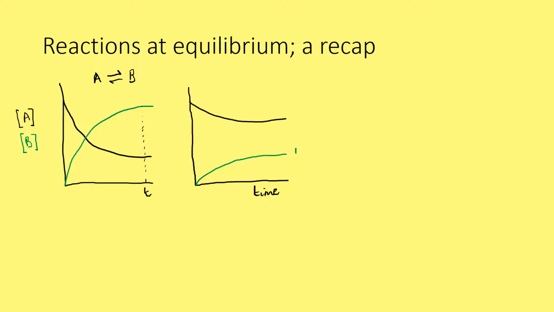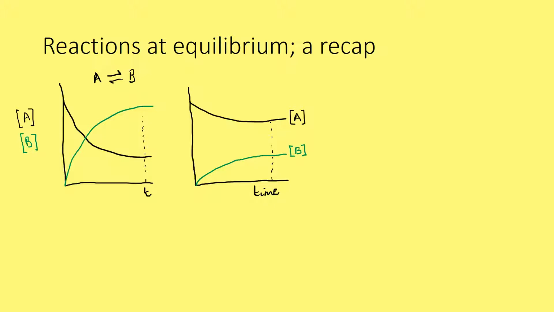So in this case, this is the concentration of B, and the top line is the concentration of A in the same reaction. And this is also in equilibrium, so the concentrations don't have to be the same, they just have to have stopped changing. At this point in time, when the curves have flattened out, that's when we've got equilibrium.